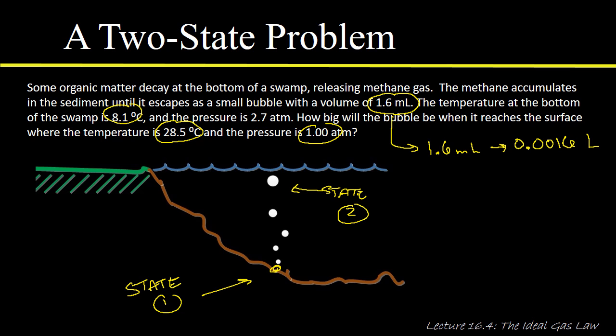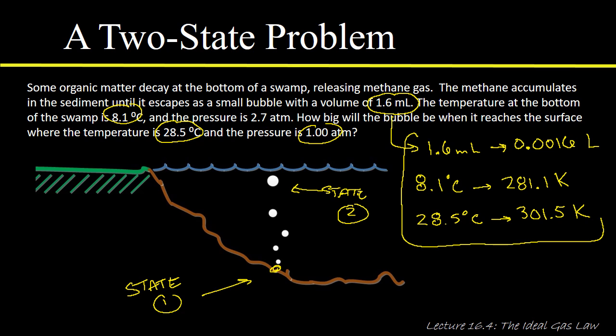We've got this temperature here. 8.1 degrees Celsius is, let's see, 281.1 Kelvin, and 28.5 degrees Celsius is 301.65 Kelvin.